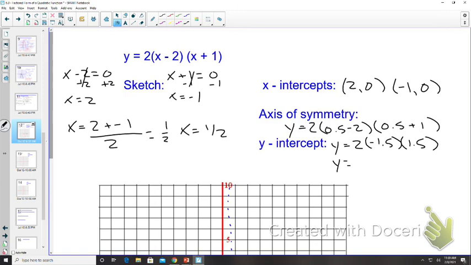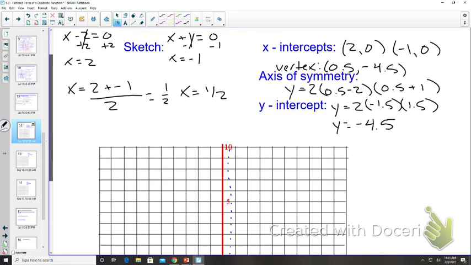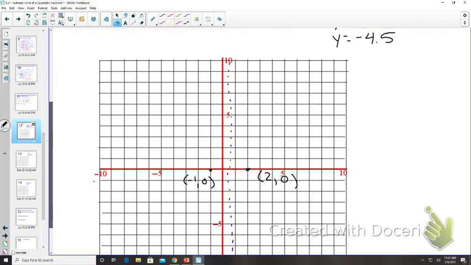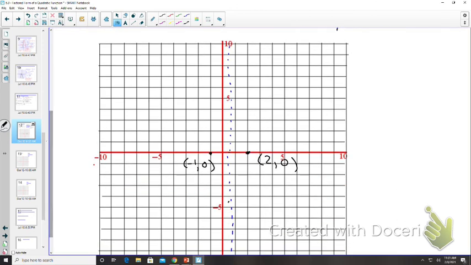Y is equal to negative 4.5. Okay, so my vertex will be 0.5 and negative 4.5. So go up there.